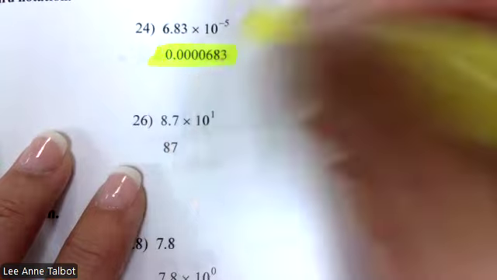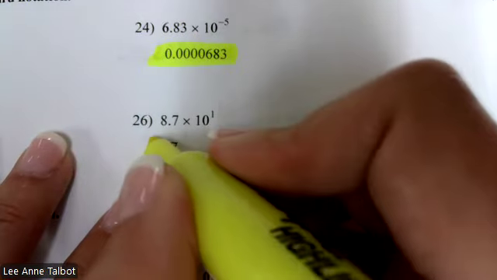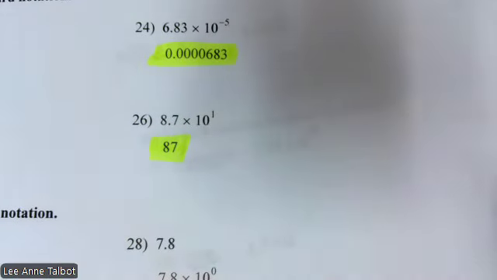This is 4 zeros in front of the 683. And this one is just 87. Okay, now this is weird.